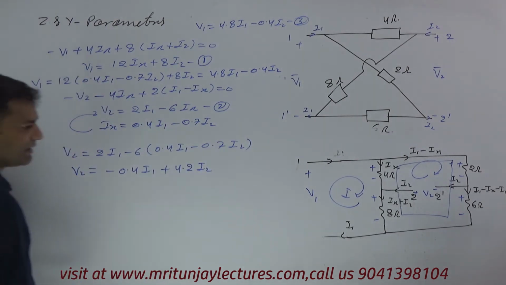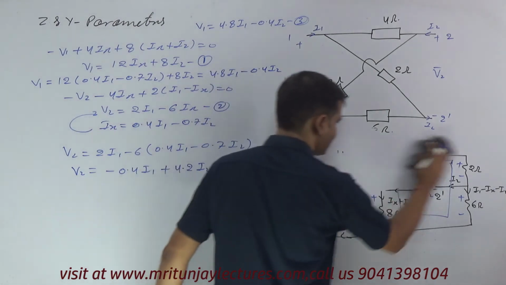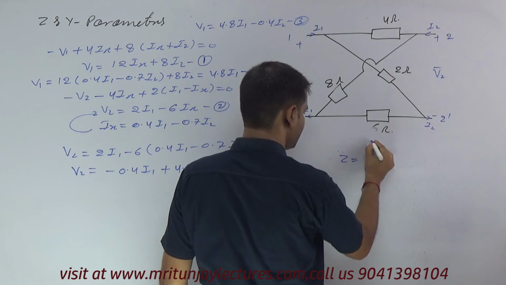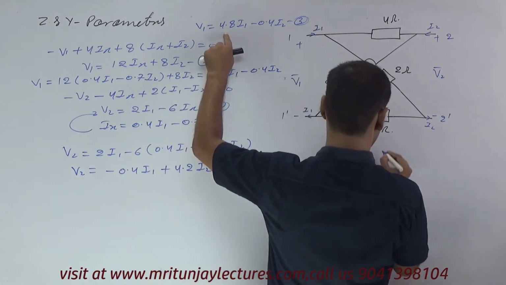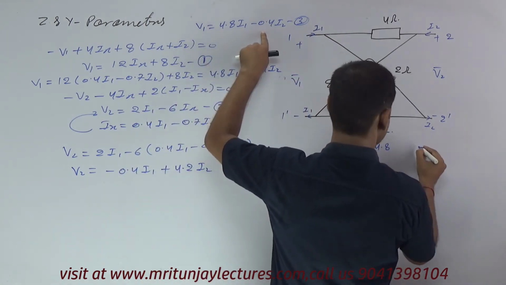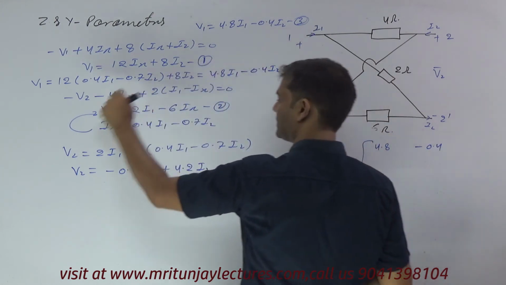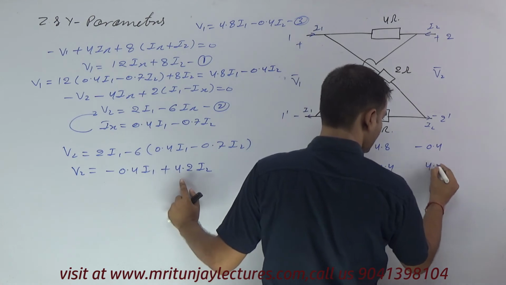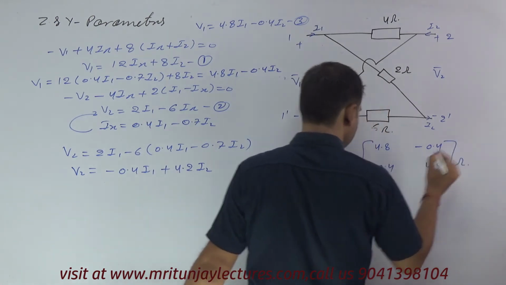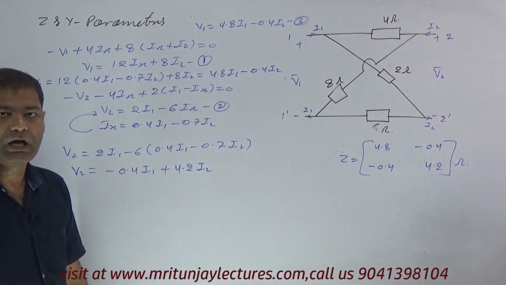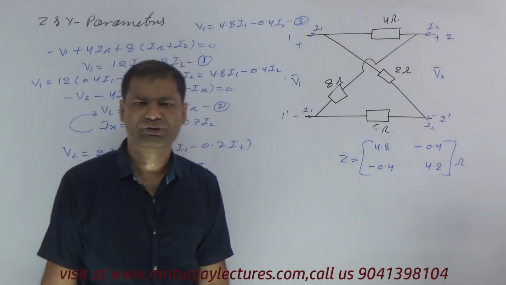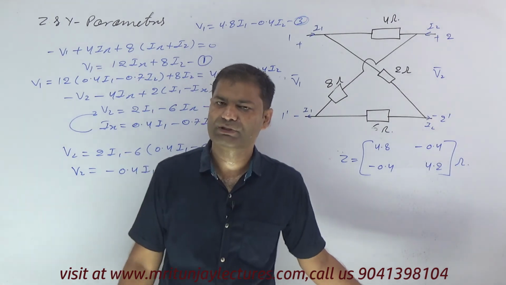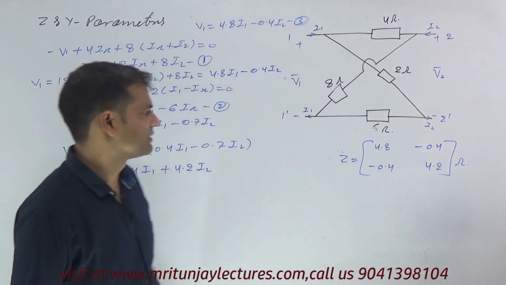So what about Z parameter? Z parameter is 4.8, minus 0.4 and minus 0.4, and that is 4.2 ohm, that is Z parameter. Our motto is to determine Y parameter also, Y, G, whatever. So if we have two equations, then we can convert to another equation also.